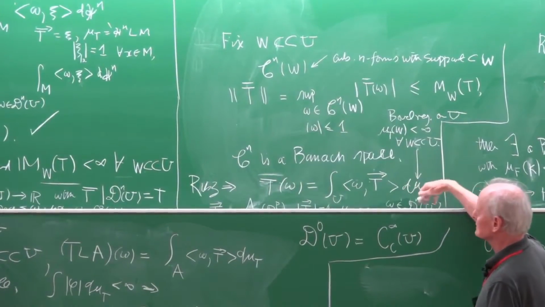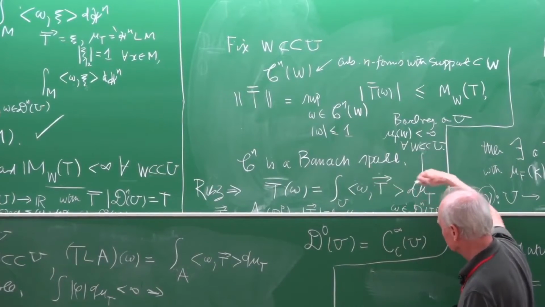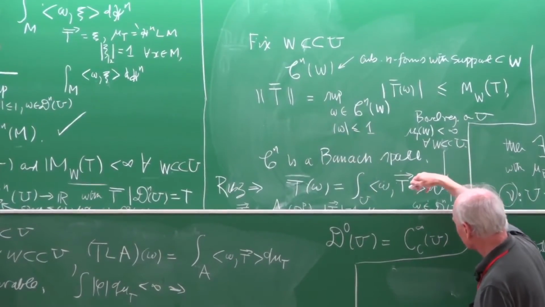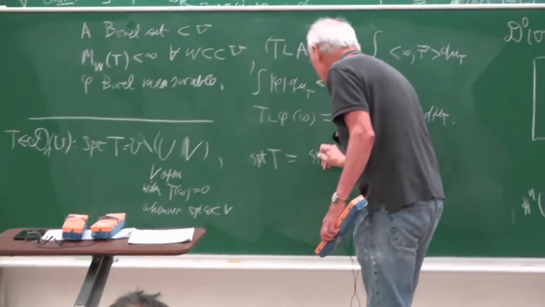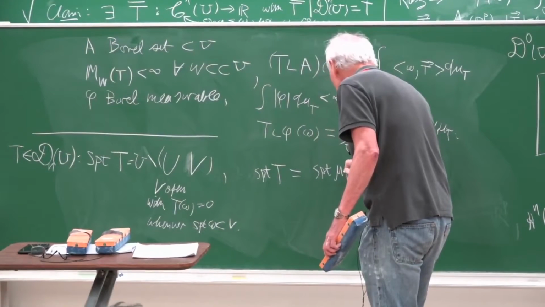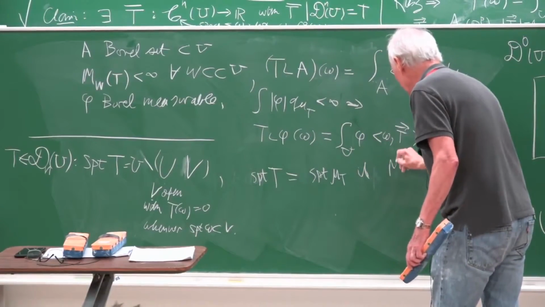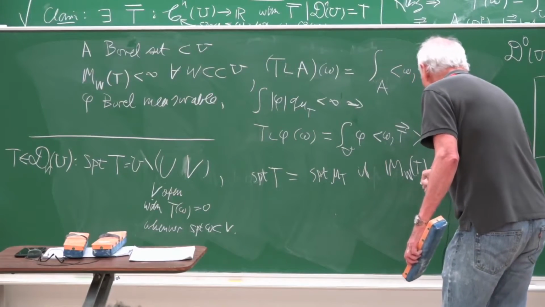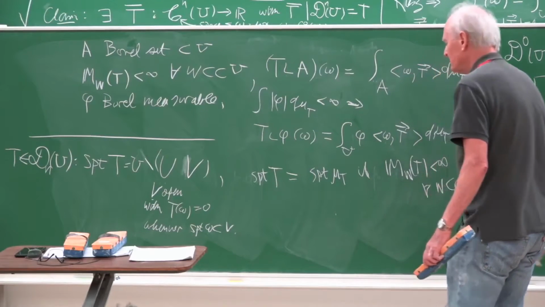If you check it out, just using this explicit formula, you'll see that the support of the current is exactly the same as the support of this measure. So the support of T is the same as the support of mu T if mu T exists. In other words, if M_W(T) is finite for every W properly contained in U.